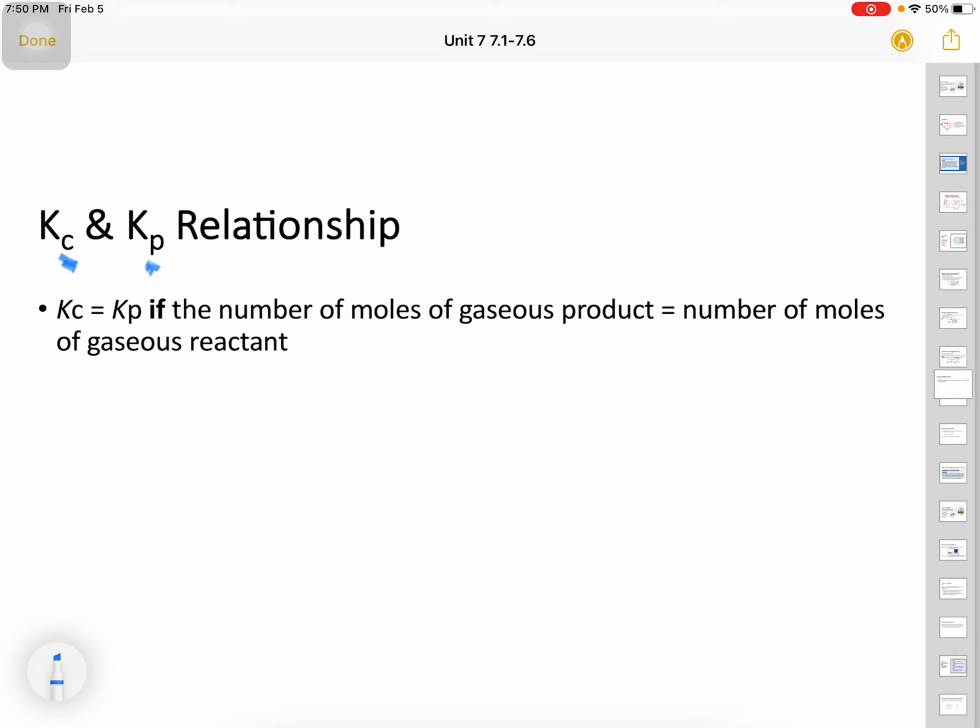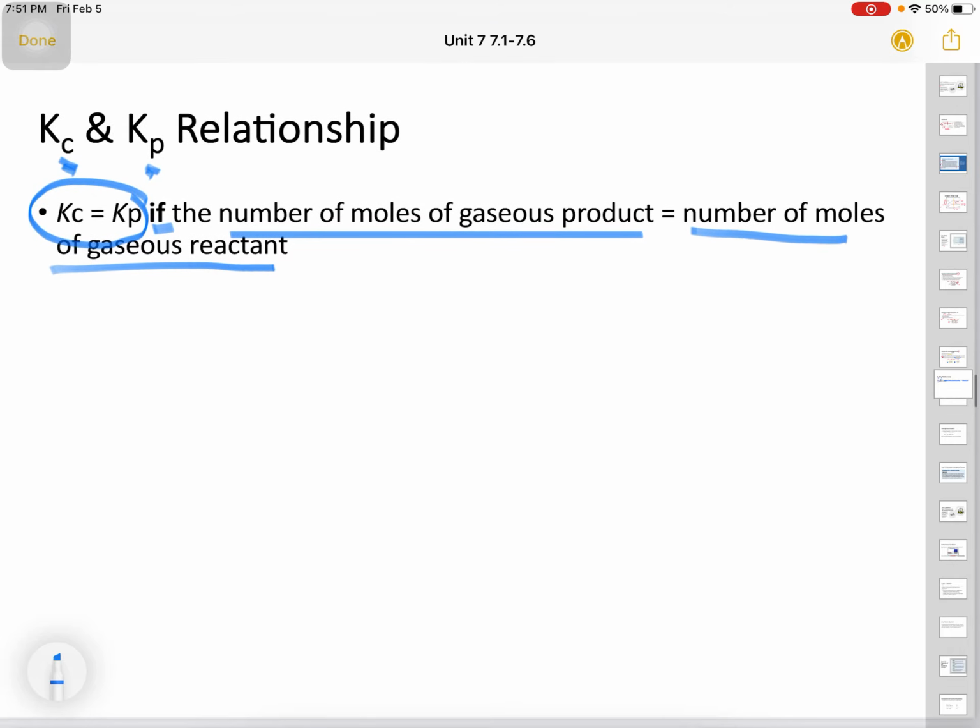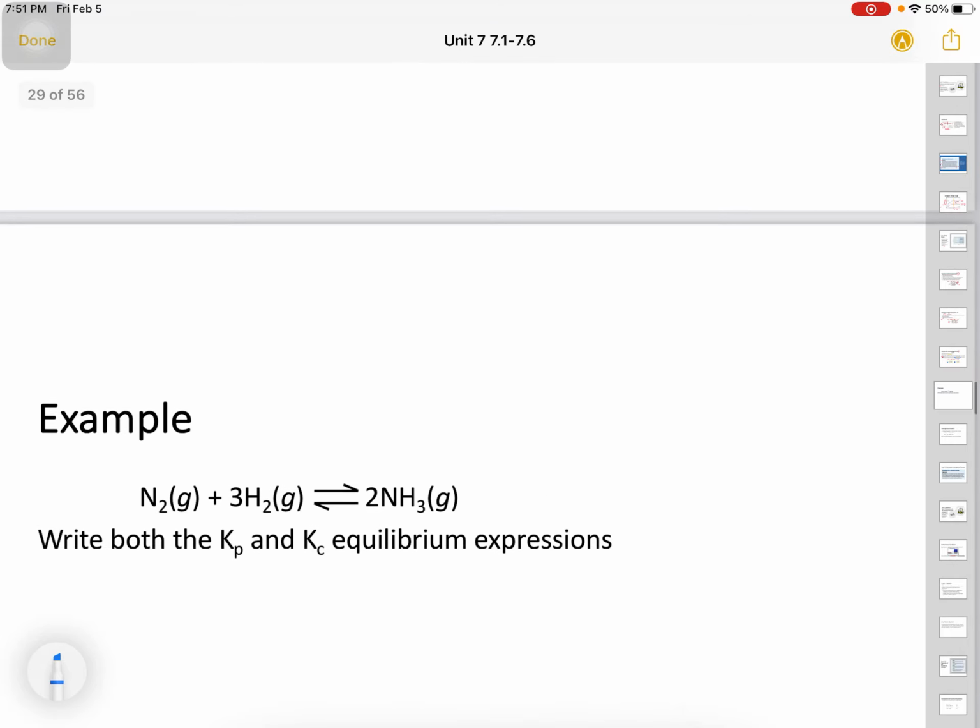What you do need to know is that the concentration-based equilibrium constant and the pressure-based equilibrium constant will be equal to each other if the total number of moles of gaseous products is equal to the total number of moles of gaseous reactants. But there is a conversion. You don't have to know the conversion. I forget it because tiny lizard brain, remember?